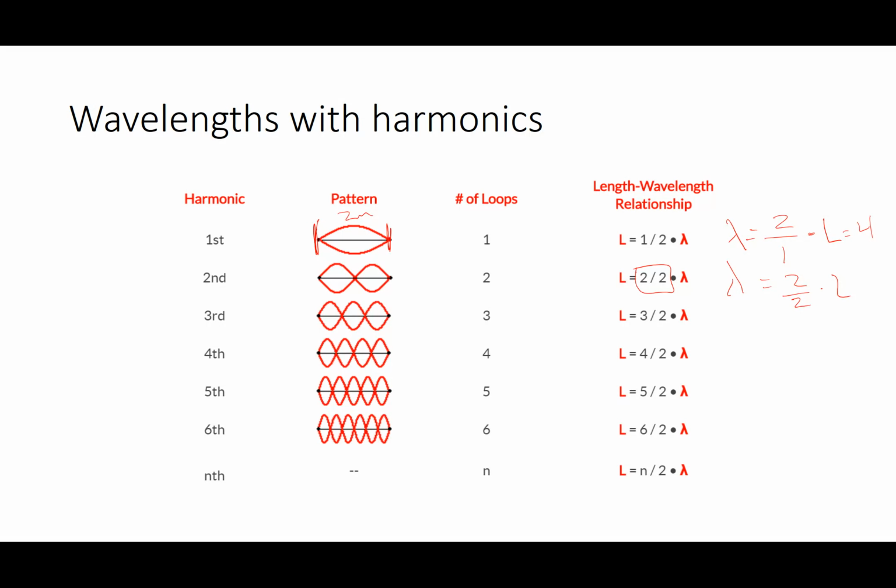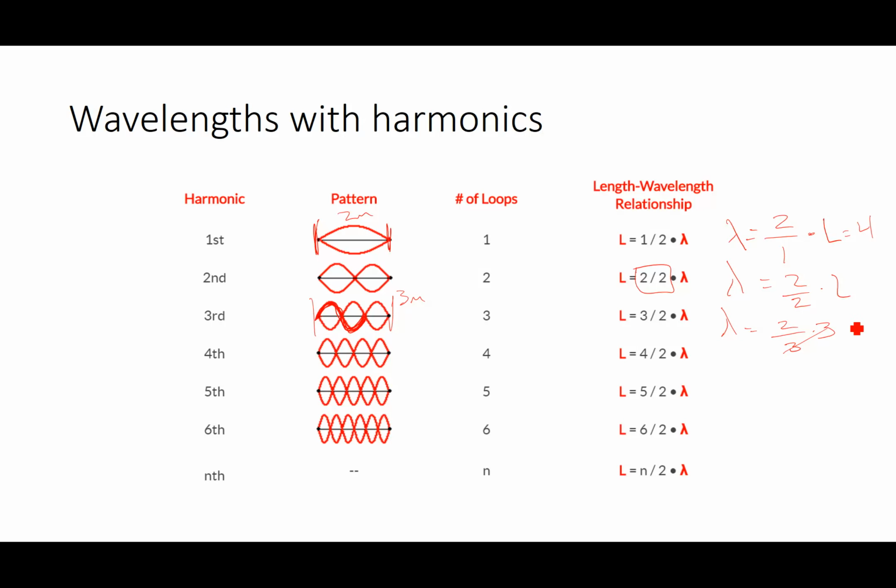Now down here when we get into the third harmonic, let's say this tube is 3 meters long. I only need to go this distance here in order to get one full wavelength. It's all the way up, all the way down, and back to equilibrium. So here, lambda is equal to 2 divided by 3 times the length of the tube, which is 3.